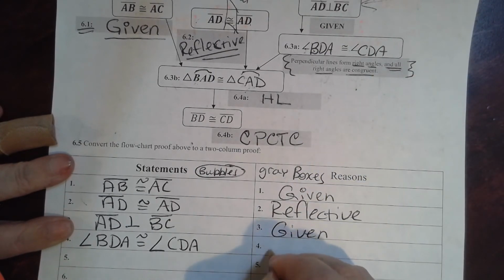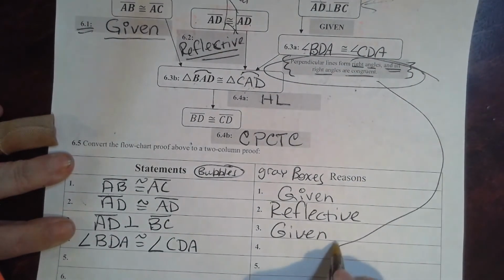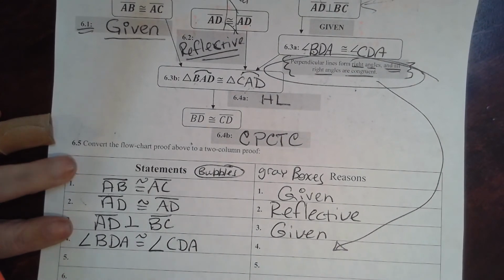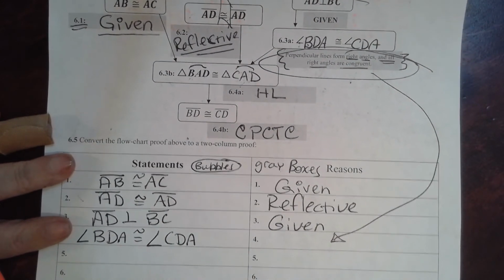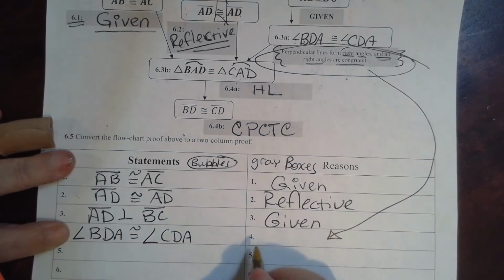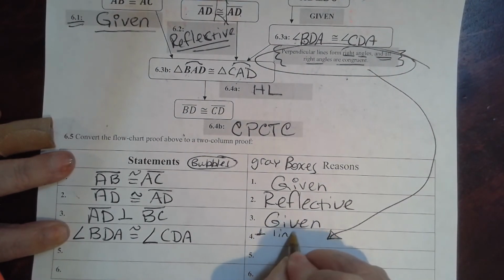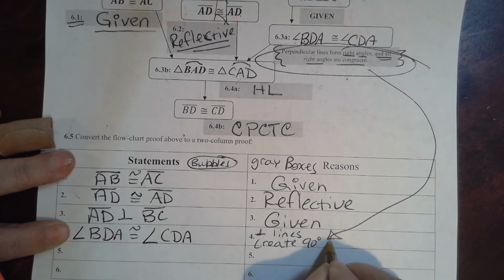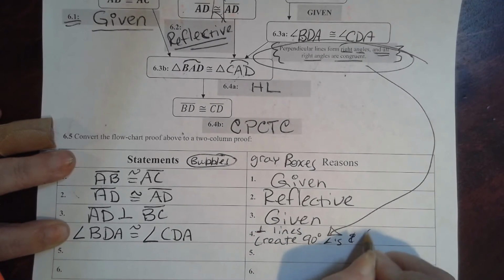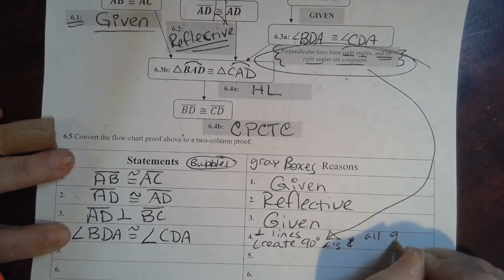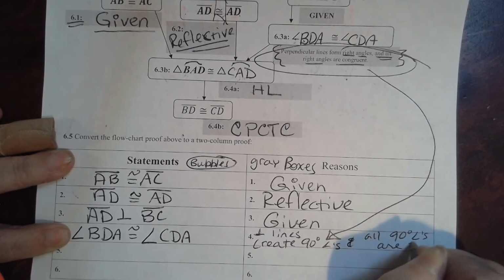And then here you're going to have to write all that garbage. I'm not going to do it on the video because that just makes the video longer and doesn't help you at all. So basically, okay, so perpendicular lines create 90-degree angles, and all 90-degree angles are congruent. There.